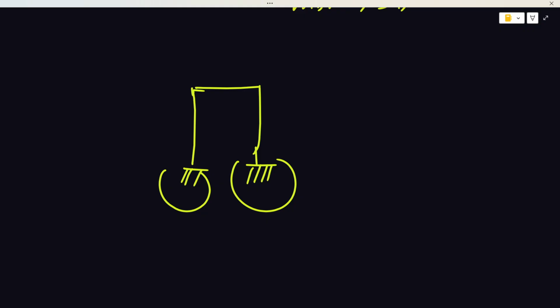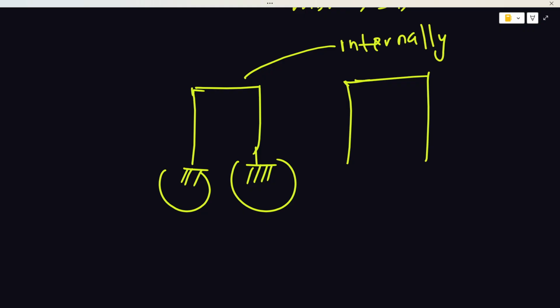That is, it is still standing, it can't wiggle, it will stay the same. If I remove these two supports and the structure still remains like this, it means that this structure is an internally stable structure, also called a rigid structure.